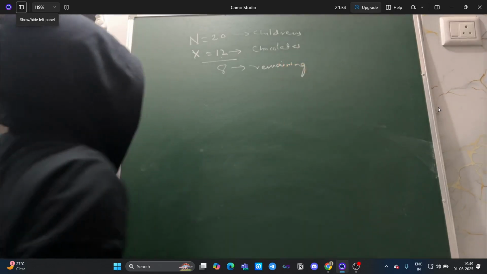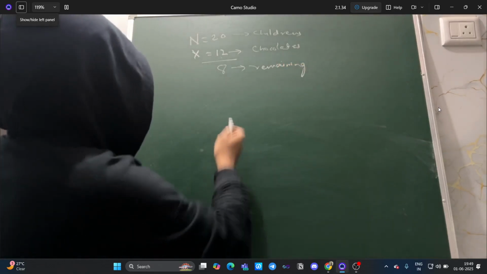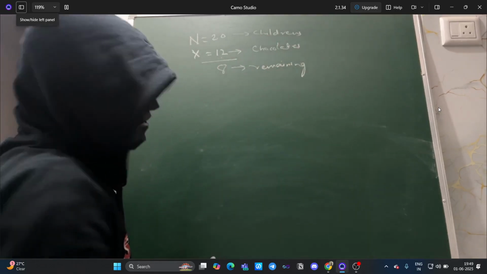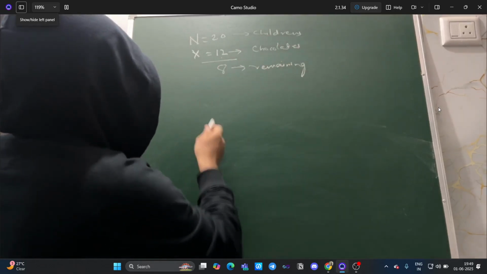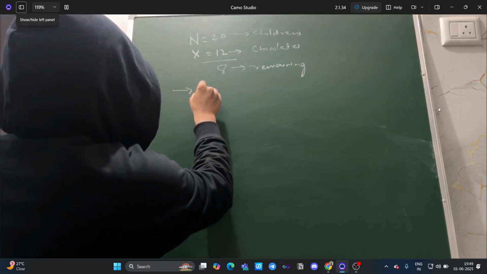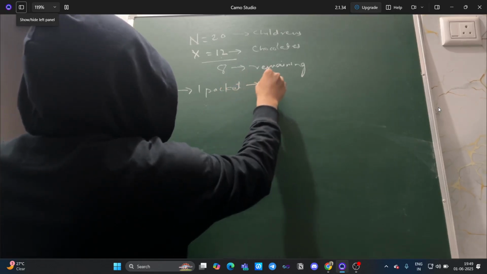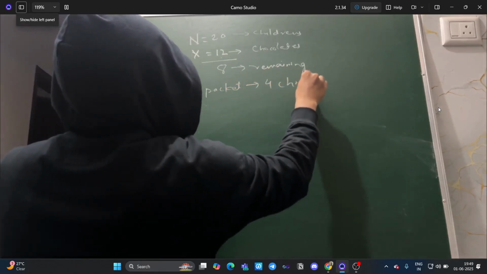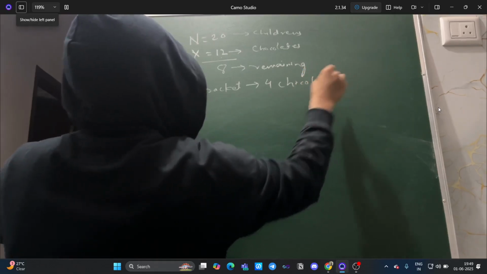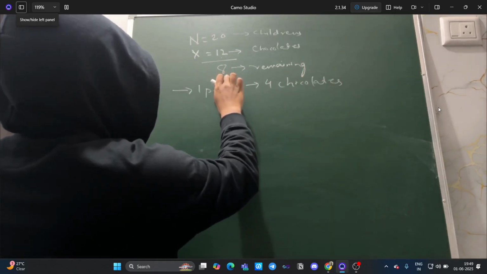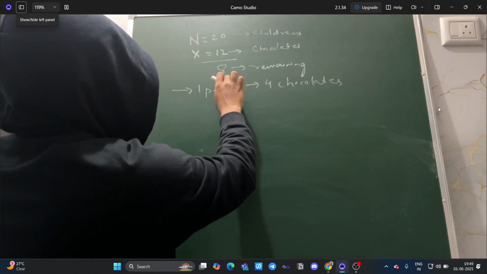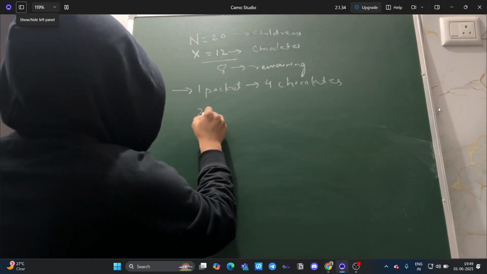Now chef will go visit a shop. In the shop, if he buys one packet of chocolate, there will be 4 chocolates in that. So to give one chocolate to the 8 remaining children, he needs to buy 2 packets, right?